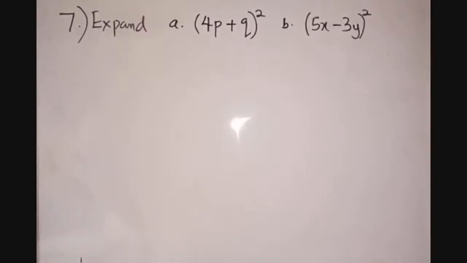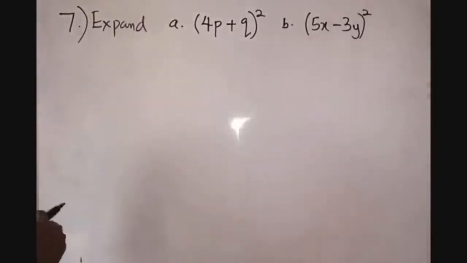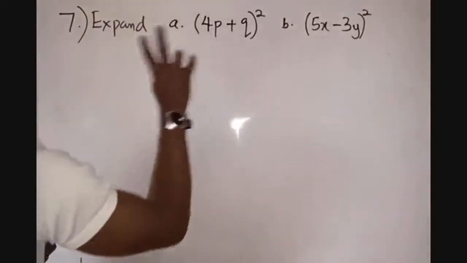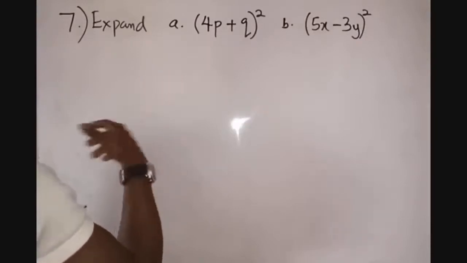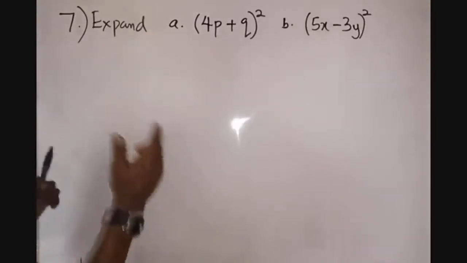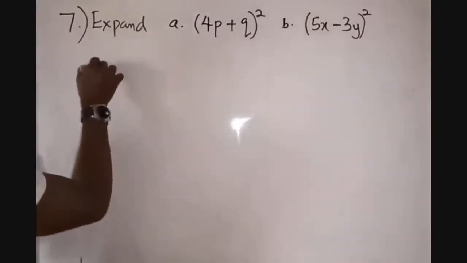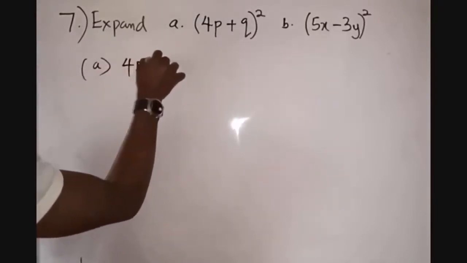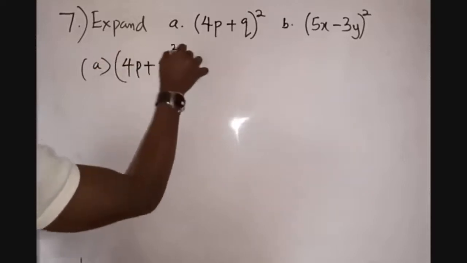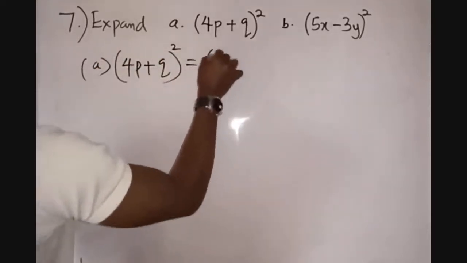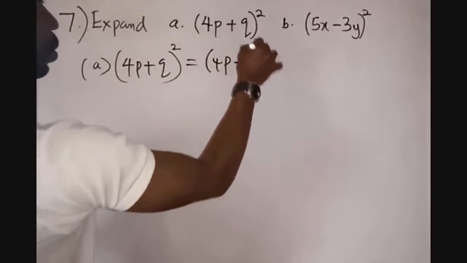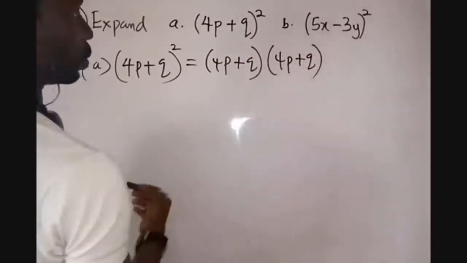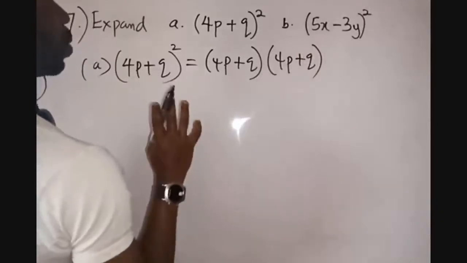In solving this, I want you to know that you can decide to write this bracket twice and use the previous method that we have used, meaning that to solve the first one, you could just write 4p plus q squared to be equal to 4p plus q, then another 4p plus q, all right, and solve it the way we solved it before.